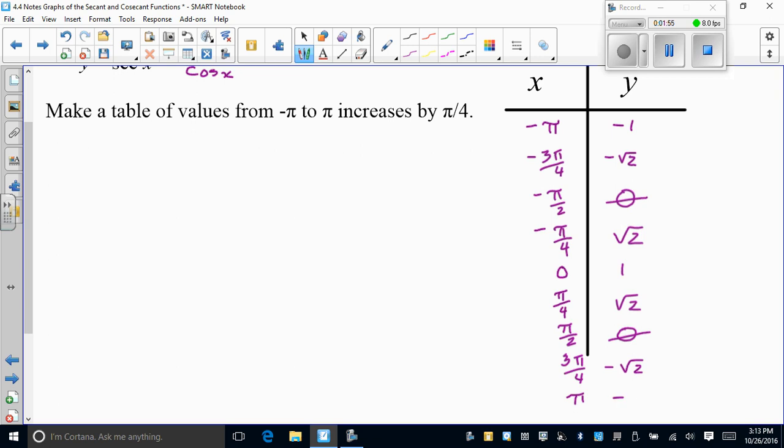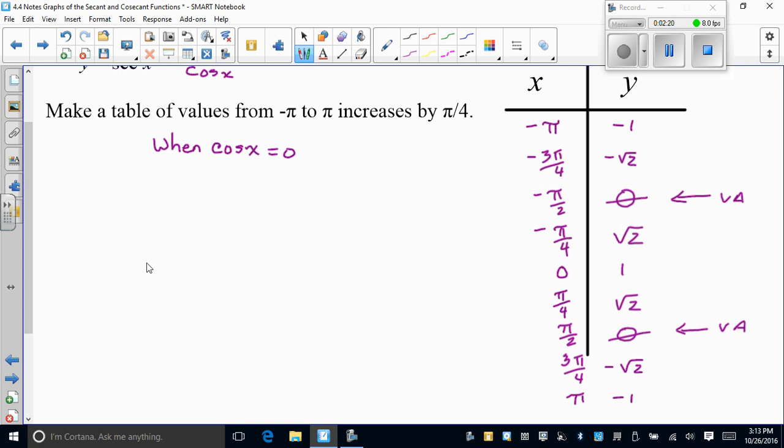So what we're looking for in here is where those vertical asymptotes are. You're going to have a vertical asymptote here, and here. But notice it is whenever cosine of x equals 0. So that's one of the things we're going to use when we graph these.